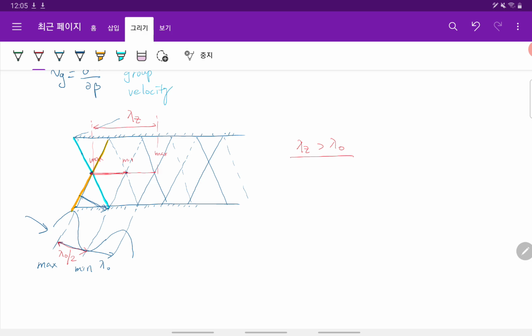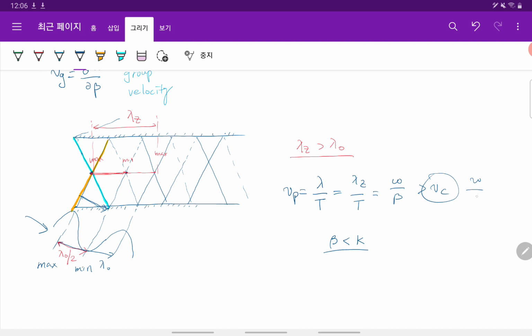So the phase velocity can be given as this. If we change this lambda z, because lambda z becomes larger, then with omega and beta, beta becomes smaller, and this becomes larger than omega over k, similar to this.